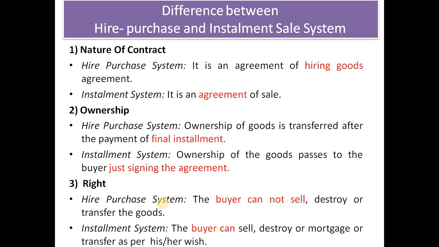He cannot do anything with the goods. But in case of installment sale system, as the buyer has become owner after signing the agreement, he gets all the rights relating to the goods. He can sell those goods if he wants, he can destroy them, he can mortgage them, he can transfer those goods as per his or her wish.